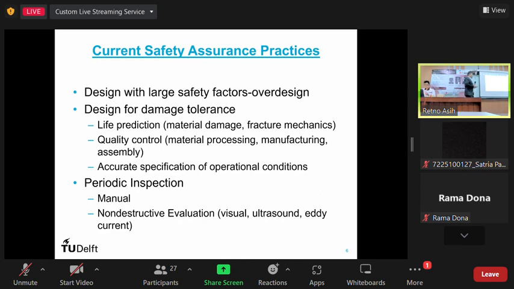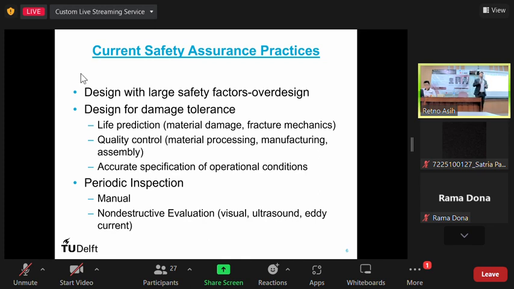Another alternative they use is periodic inspection. They send someone, for example, to a bridge to look at what's going on in the structure. They visually inspect it, or they do non-destructive evaluations such as ultrasonics and eddy current, to understand periodically what's happening.